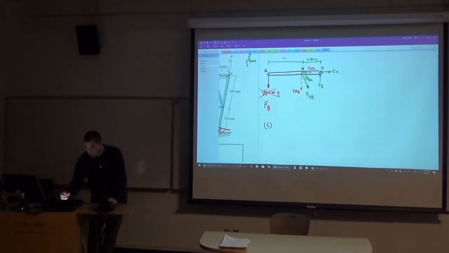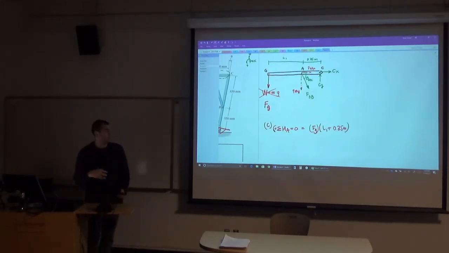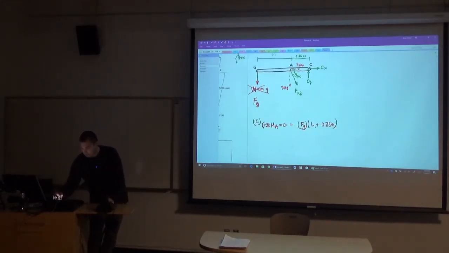So again, this is like part C. If I were to sum the moments about A equal to 0, I would get the force at G that we don't know yet times L1 plus 0.35 meters, and L1 is given to you in the problem, and then plus FAB in the y direction.